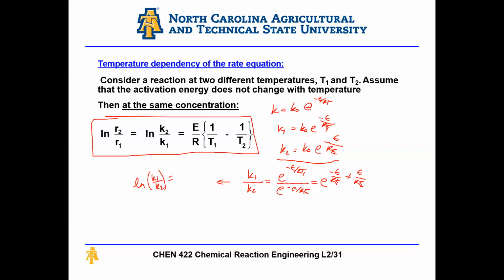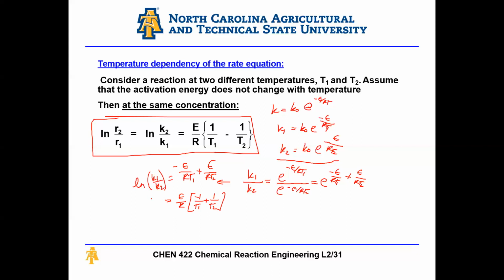Because of the exponentials, this moves up here. If I take ln here, the ln cancels with the e on this side, so I get minus E over RT1 plus E over RT2. And if I take E over R out, I get E over R times (minus 1 over T1 plus 1 over T2), right?